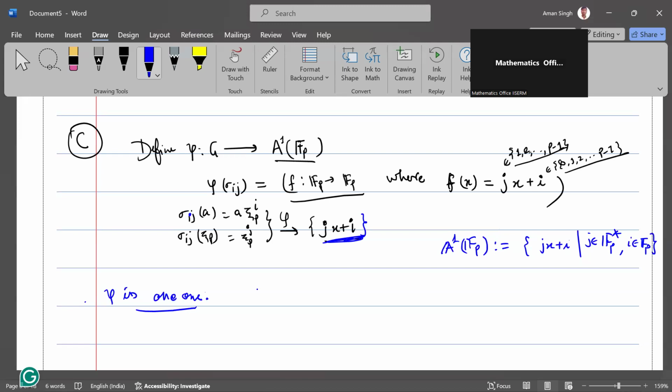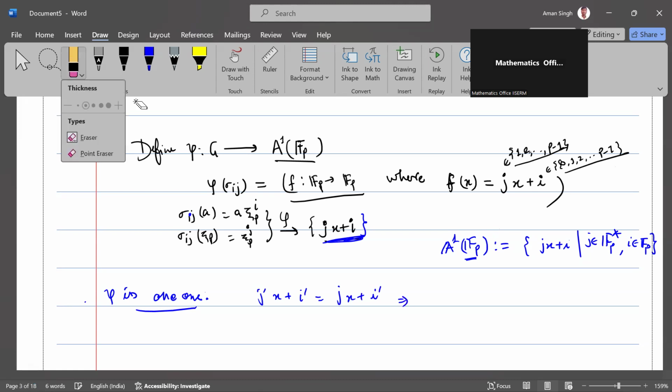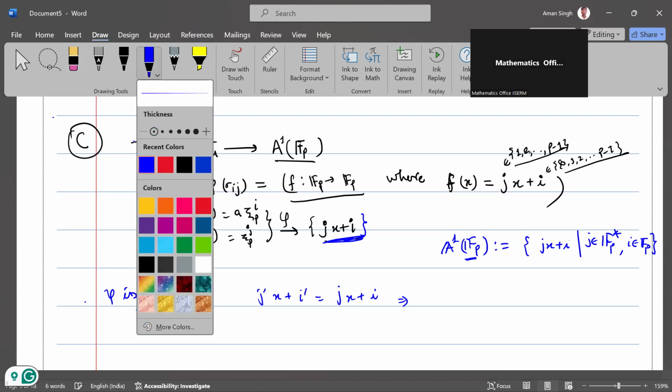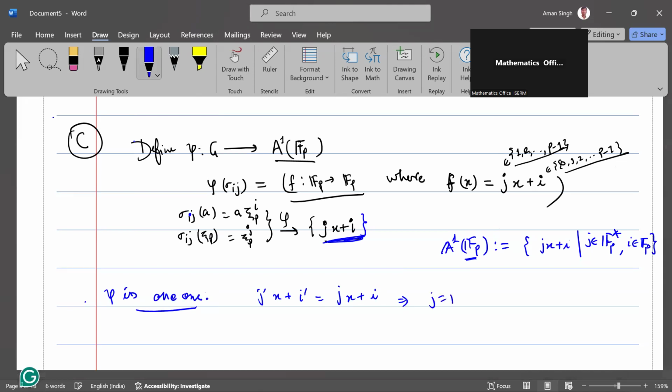This is clear, right? If j'x plus i' is equal to jx plus i in this F_p ring, this will imply the same for the primes. From the polynomial description, how we compare the polynomials, we get j is equal to j' and i is equal to i'.